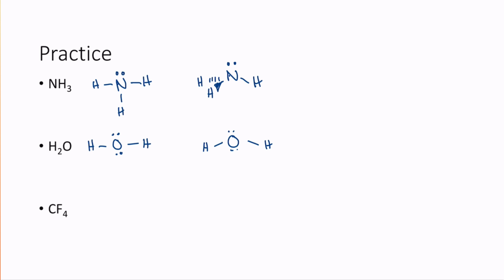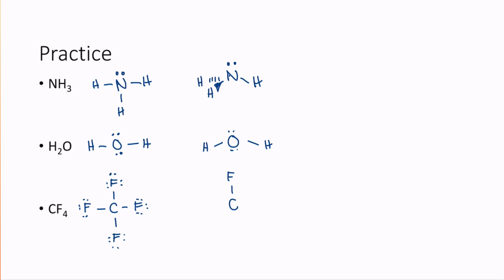Finally, CF4 is going to look almost identical to CH4, except all of our fluorines will have 6 lone pair electrons on them. But my wedge and dash is going to look very similar.